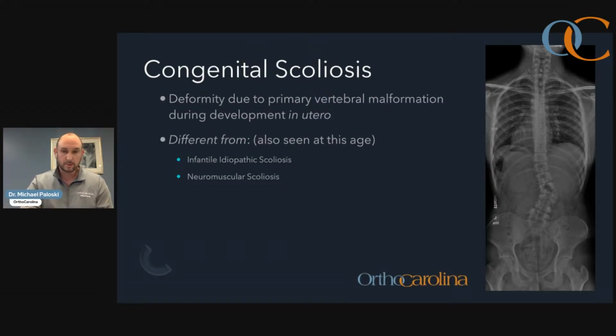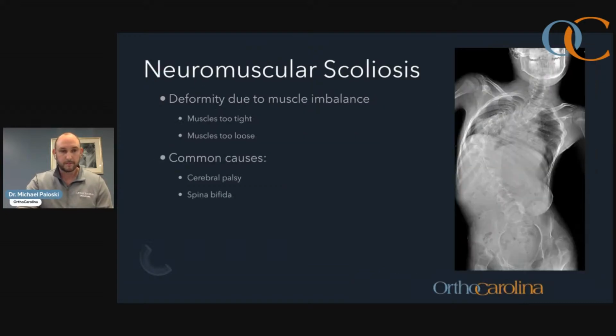We could find congenital scoliosis, like in this x-ray, in an adult who had an extra little vertebra in the lower spine causing that scoliosis. It's different from infantile scoliosis or neuromuscular scoliosis that we'll see in young babies. A lot of times this can be seen and diagnosed in infants as well, but it's a little different from the others, and I'll go into that a little bit more.